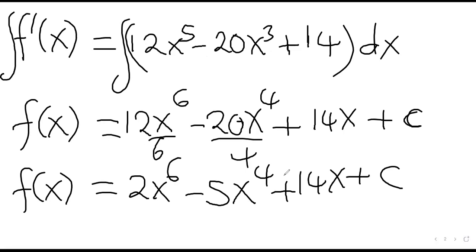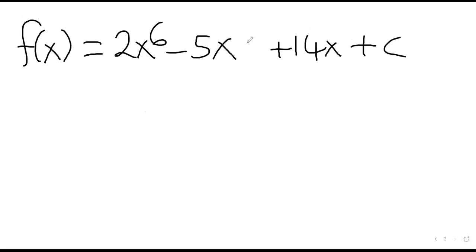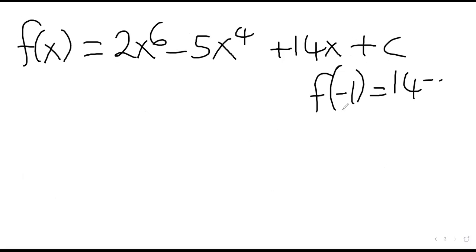So we have -5x to the power 4, and then plus 14x plus c. So we have f of -1, which is equal to 14. So this is our first equation.